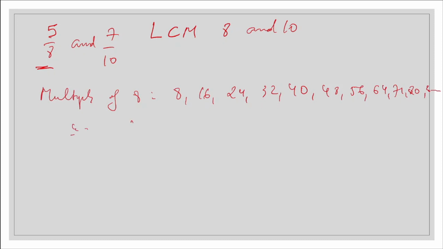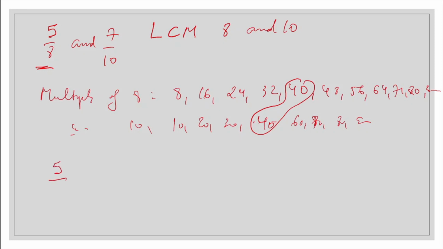The multiples of 10 are 10, 20, 30, 40, 50, 60, 70, 80, 90. As you can see here, 40 will be the least common multiple, and that is why we can bring those two denominators to be equal to 40.